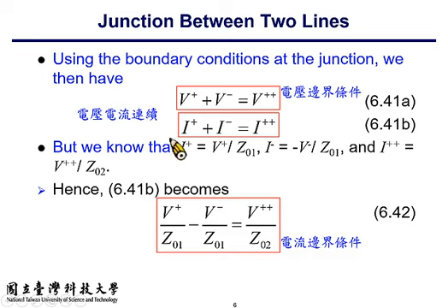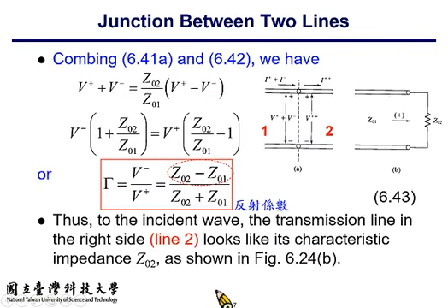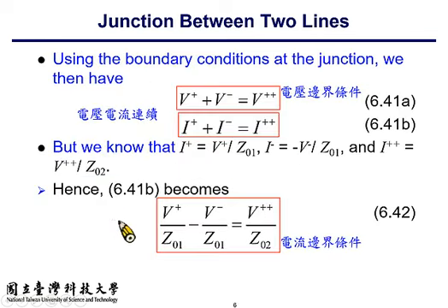Then the two equations, that is 41a and 42, can be used conjunctively to solve for some important properties. In the two equations, what are the known properties?